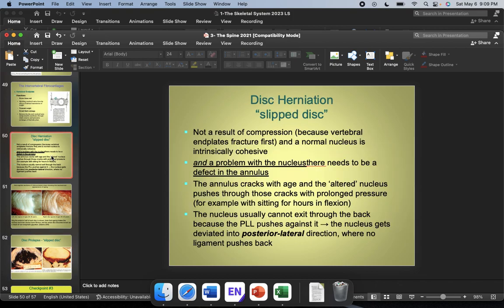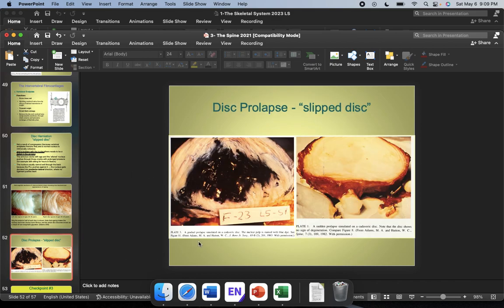The nucleus pulposus in and of itself maybe doesn't have the fluid pressure, or doesn't contain within itself the ability to overcome the annulus fibrosus. But if the annulus fibrosus has some type of defect within it, then that nucleus pulposus will exploit it.